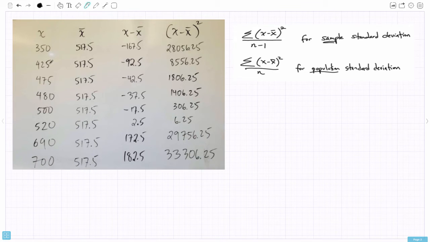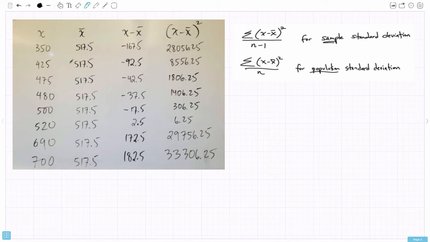What I've done in the first column is list each of the data values, and next to it I've listed the average of all those data values. And then in a column next to that, I'm going to take each data value minus the average. And so 350 minus 517.5, that gives me negative 167.5.